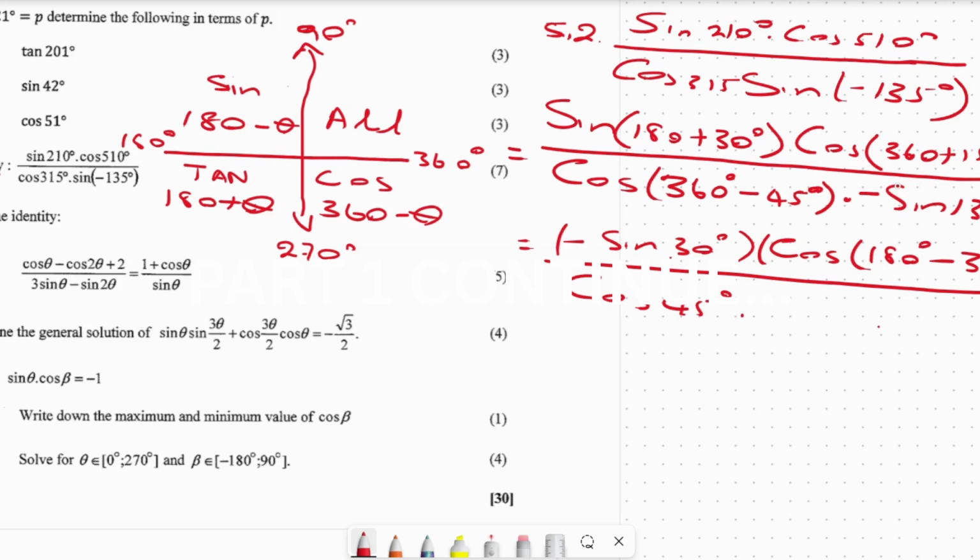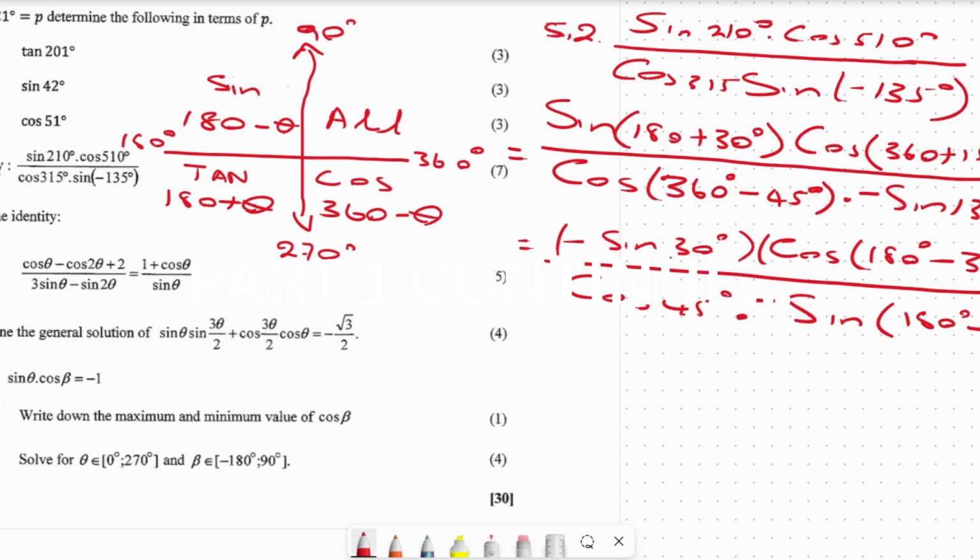Then times negative here, remember, I'm putting the dot here, it's negative sine 135. It's the same thing as what? As 180 minus 45.